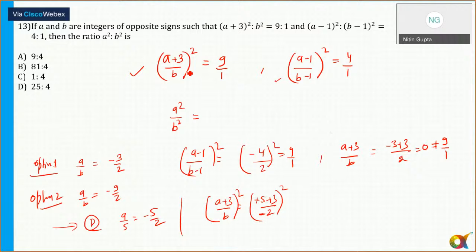It says a plus 3 whole square upon b. So if I say a square by b square is 25 by 4, so I'll say that is equal to 5 by 2 or minus 5 by 2. So, or 5 by minus 2, 5 minus 1.